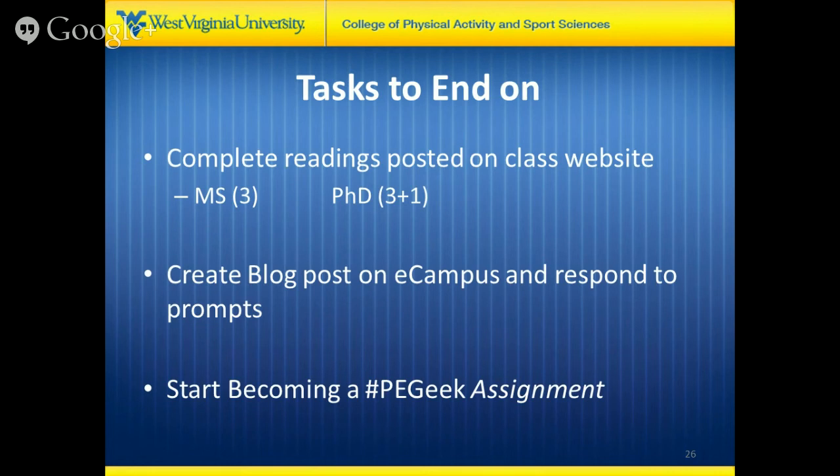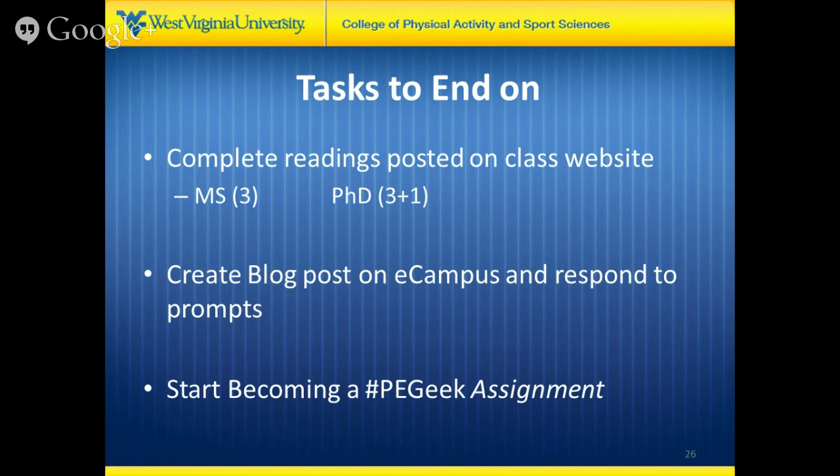Once you read those on eCampus, there is a blog where you will post your response to the prompts that are asked related to those readings. That blog post is due on this next Monday, I believe. Check the course syllabus to double check. And then start the PE Geek assignment.